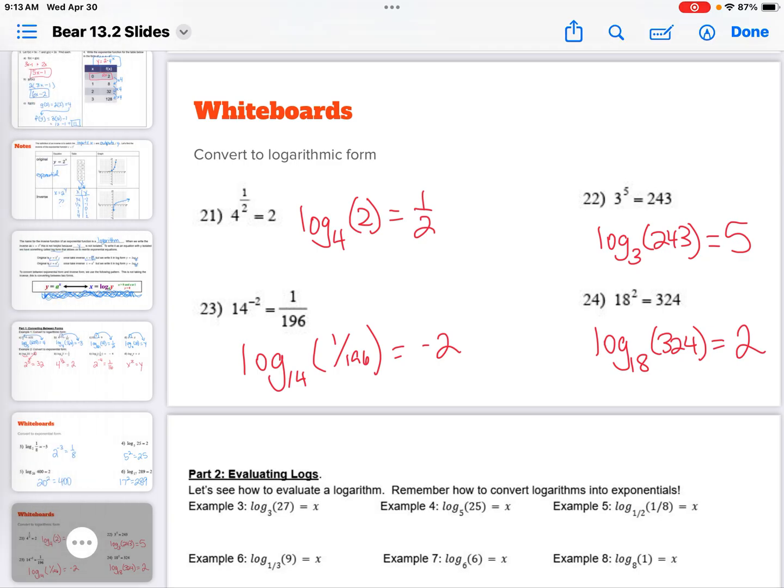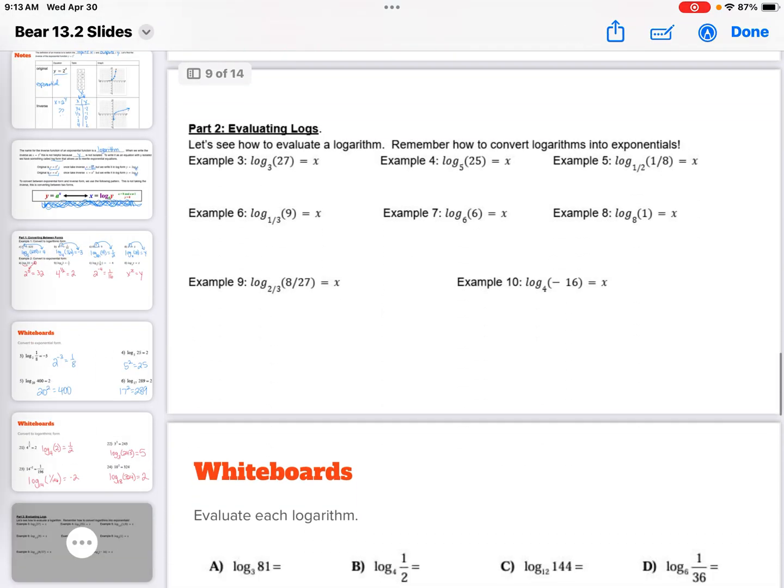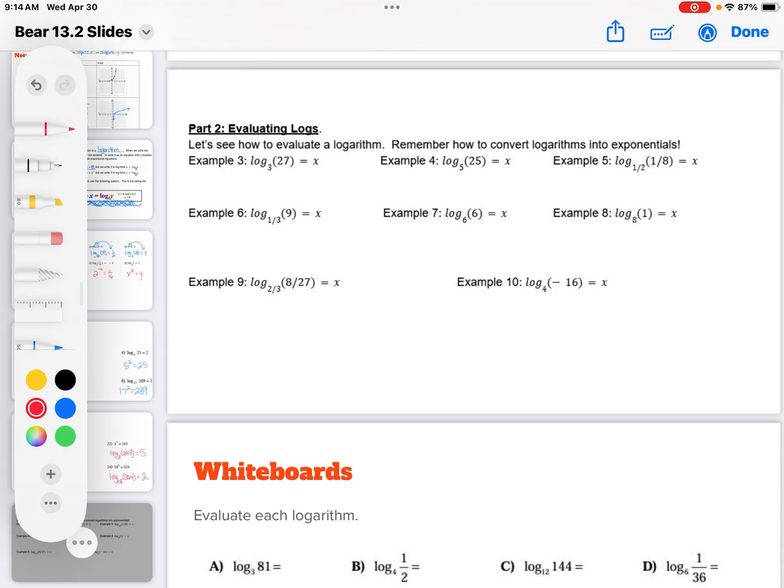Okay, now that we know how to convert between these forms, let's evaluate some logarithms. So part 2 is all about trying to figure out what the value of the logarithm is. Understanding that logs are inverses of exponentials might be helpful first to rewrite these as exponential. So you'll probably see the problem say, what is log base 3 of 27?